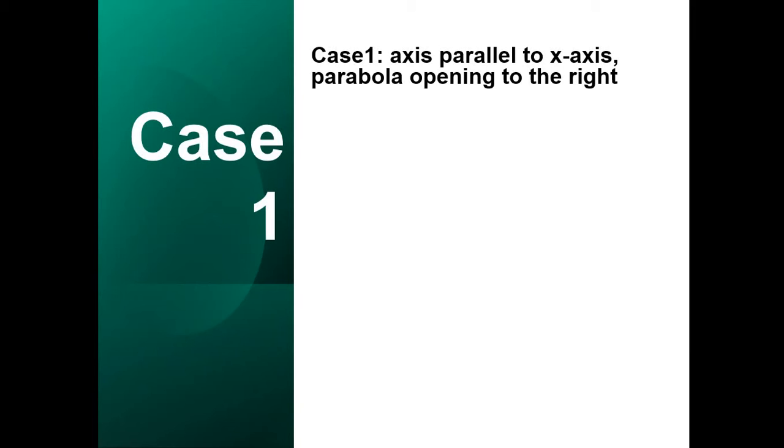Case 1 is a parabola that opens to the right, with vertex at (h, k). So here we have some formulas for the different parts, the focus and the directrix. For the vertex, it's at (h, k). For the focus, the coordinates are (h plus a, k).